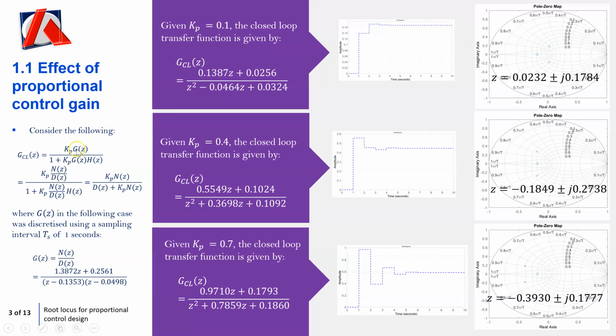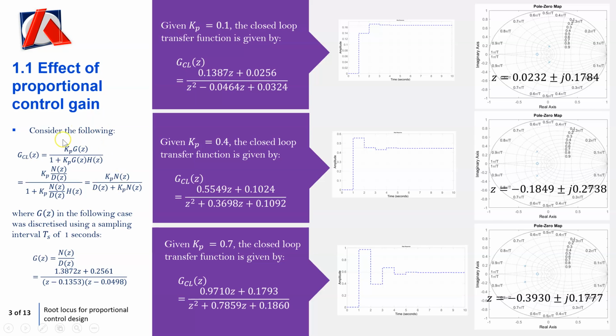So substitute in g of z equal to that, and then multiply by d of z. We end up with kp n of z over d of z plus kp n of z, because the d of z cancel here, and 1 multiplied by d of z is d of z. So that is our closed loop transfer function. It saves you a step when you're doing the calculations by hand.